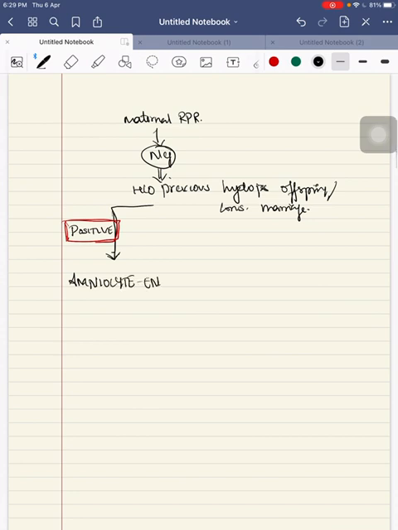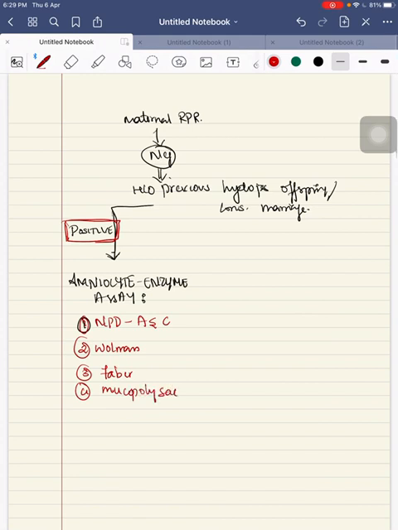then you do an amniotic enzyme assay. So amniotic enzyme assay is mainly done for Niemann-Pick disease A and C. Next you do for Gaucher disease. Third you can do for Fabry's disease.